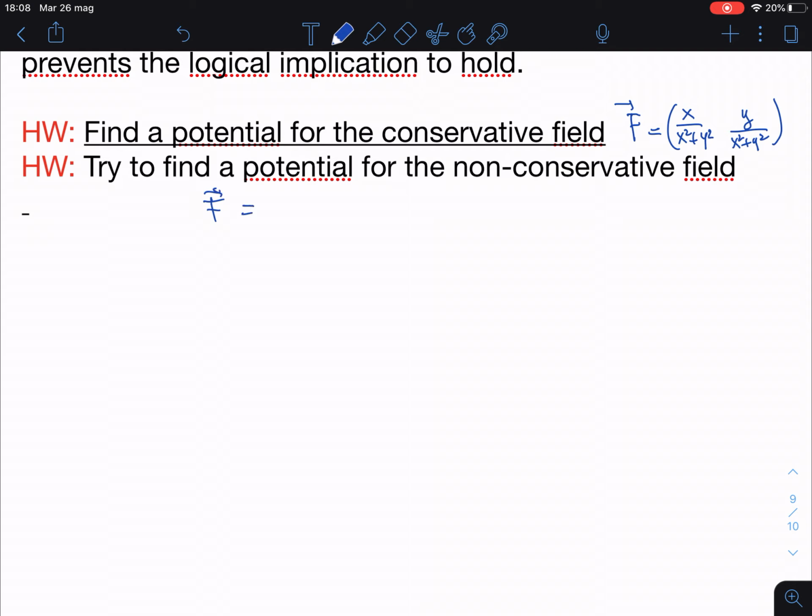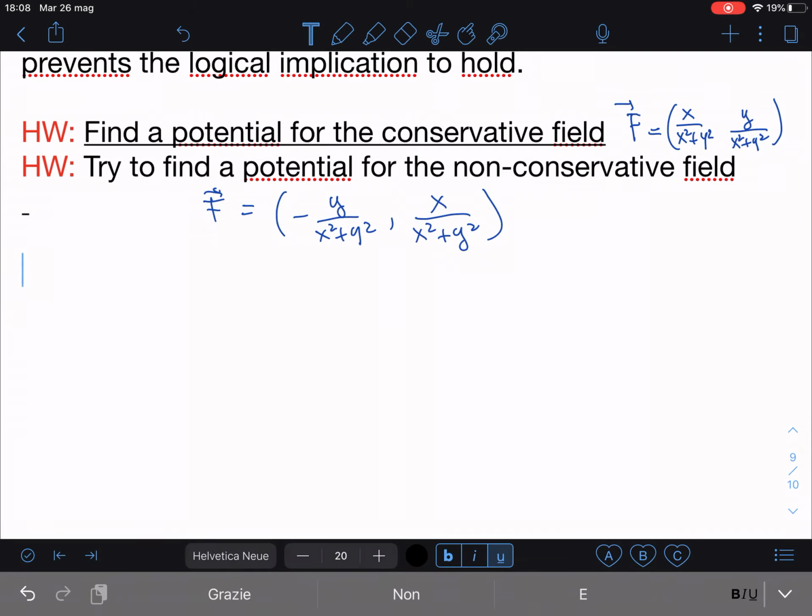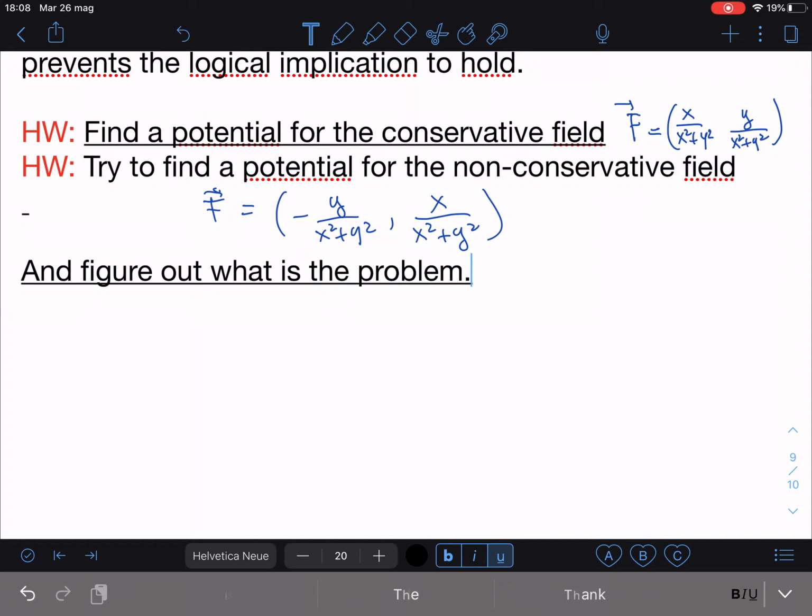F equal to minus y over x squared plus y squared, and x divided by x squared plus y squared. And most importantly, figure out what the problem is and fight with it. Okay, this is very important to understand.